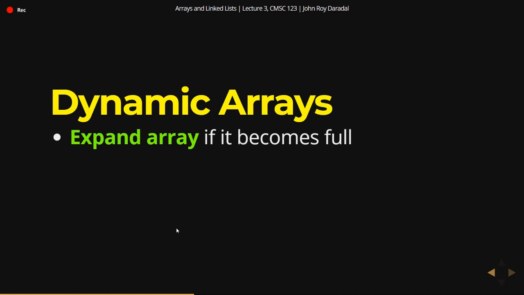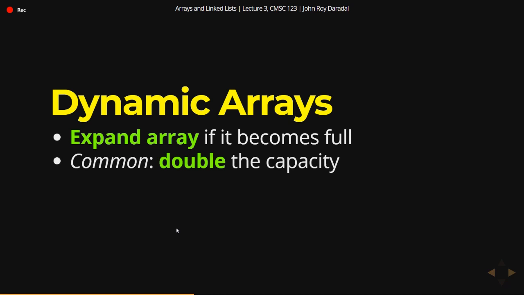We could expand the array if it becomes full. So since arrays have a fixed capacity, what will happen if it's already full and we want to insert a new item? So what you'll do is you have to expand it so that there is room for you to add a new item to the array.